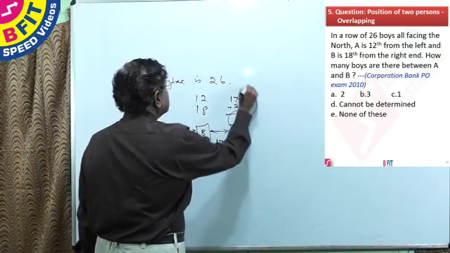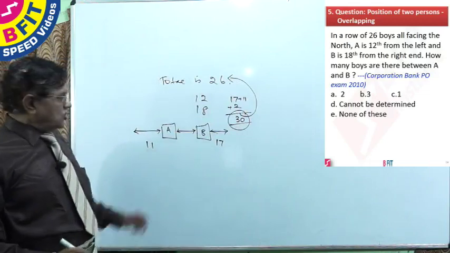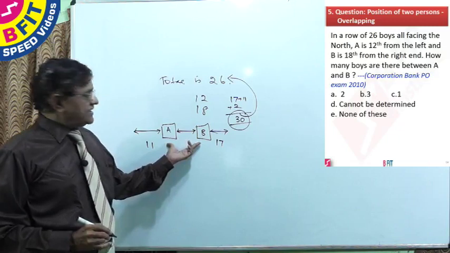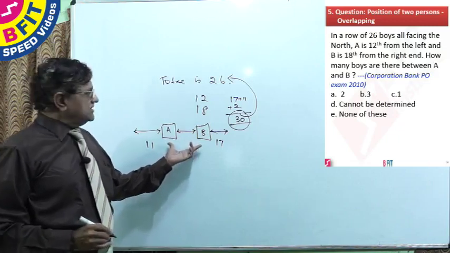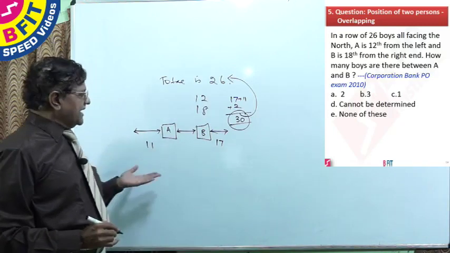But the problem says total number of persons is only 26. So this is a concept where you are thinking of a simple diagram. Now this diagram will not work for this. This has to be an overlapping diagram.